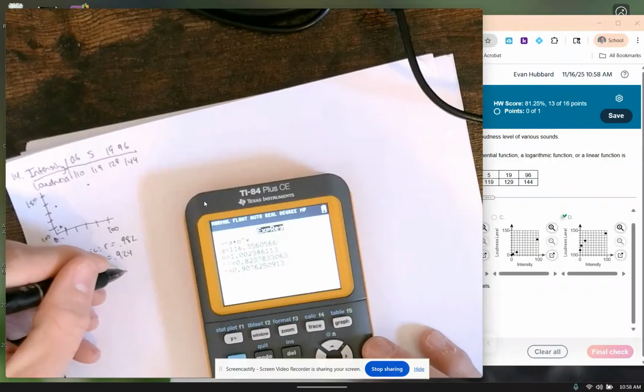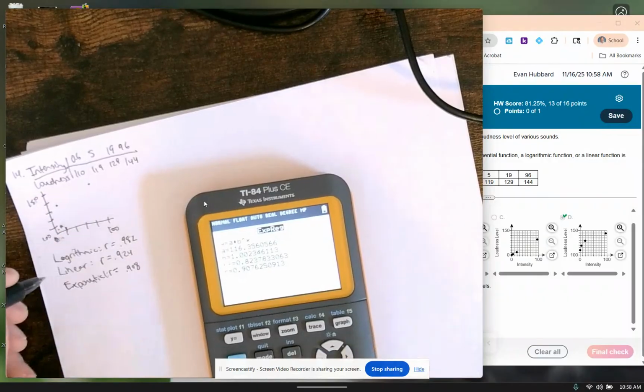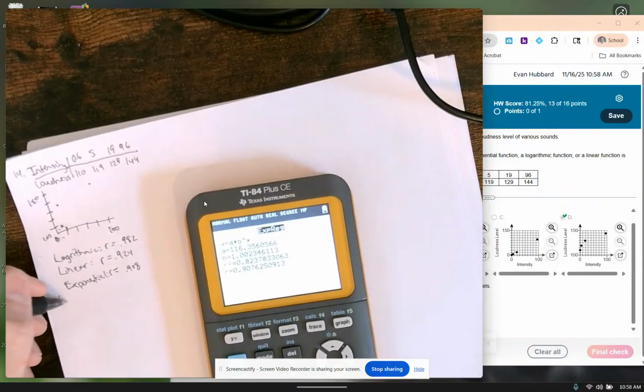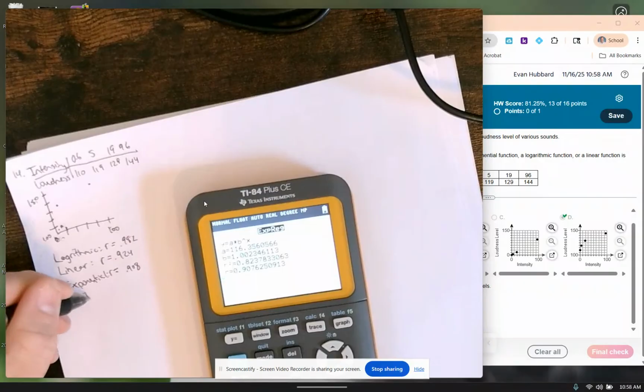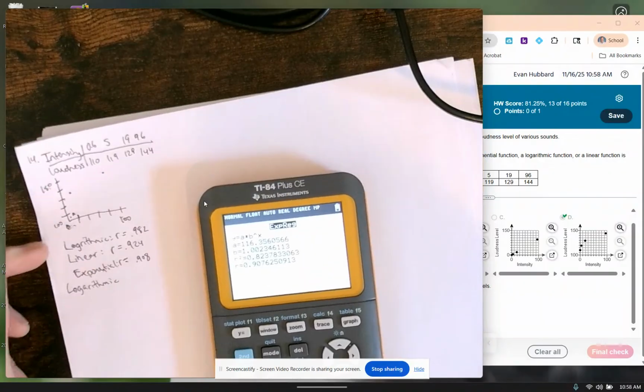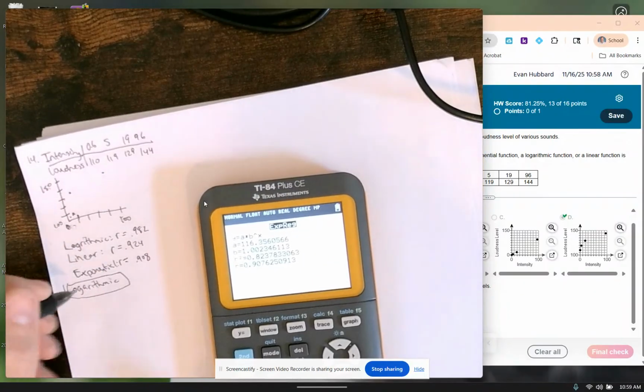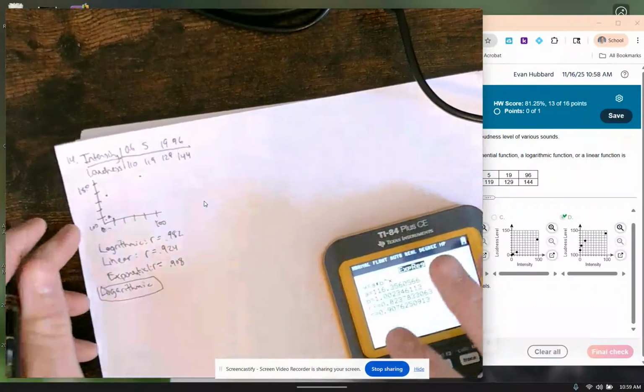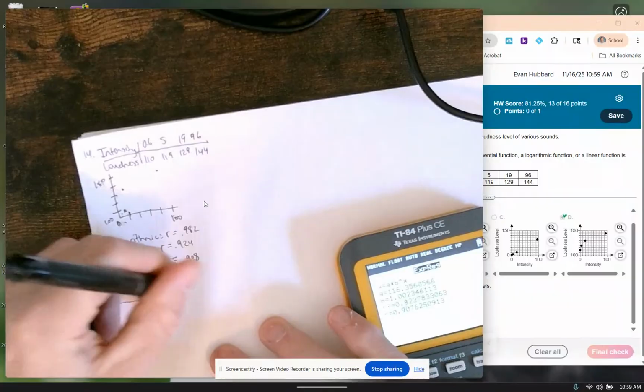So we want to use the logarithmic. I always spell logarithmic wrong. Logarithmic one wins that one, the highest R value. Okay.